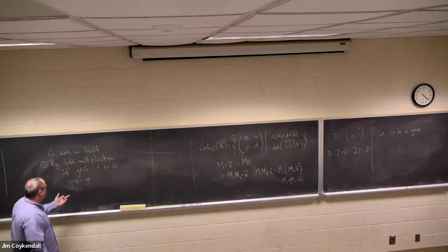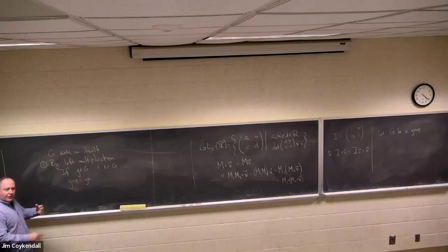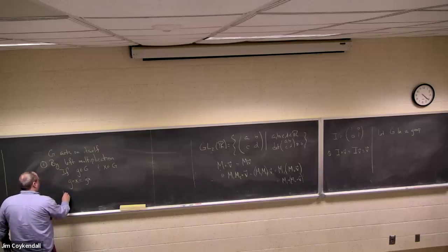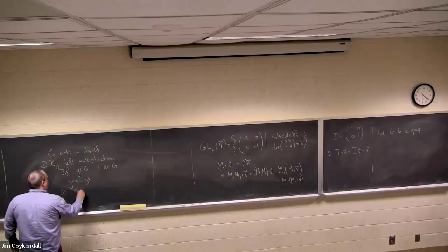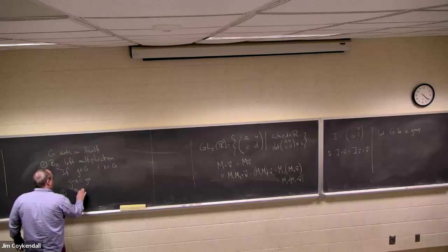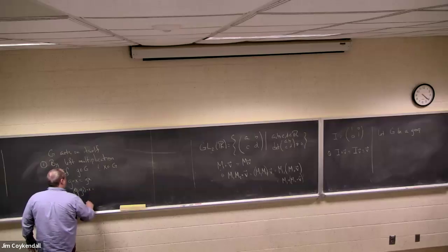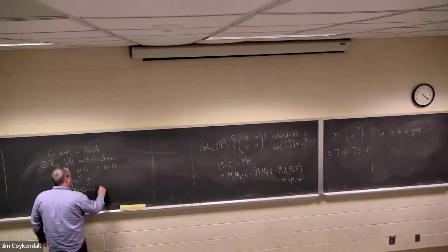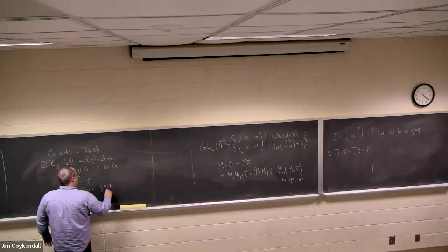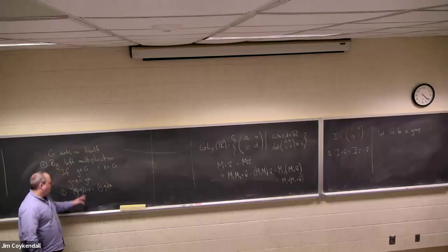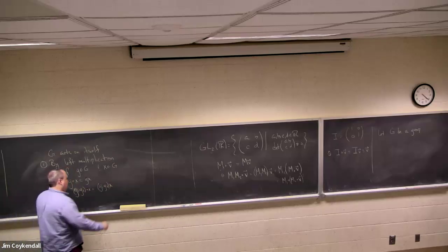And because you have associativity of multiplication in the group, this is a group action. If you look at g1 acting on g2 acting on x, this is by definition g1 g2 x, because that's what we said it is.